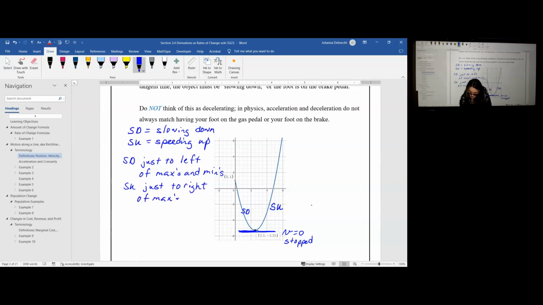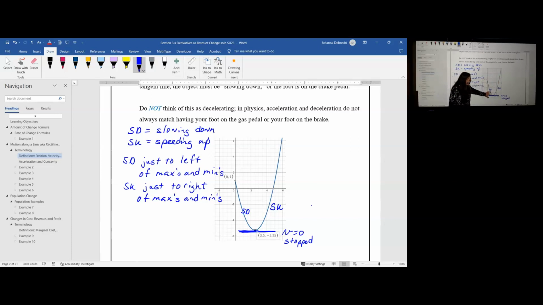There is a point where it stops speeding up and starts slowing down, and we'll take a look at that in another graph in just a moment. This particular graph here has only the slowing down to 0 and the speeding up. It doesn't have one where it is speeding up and then slowing down without going through 0.